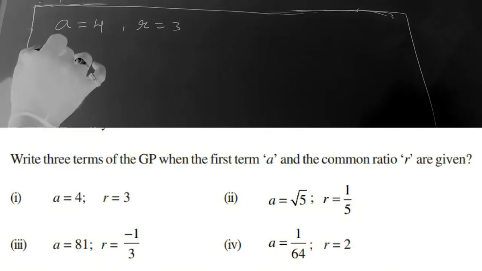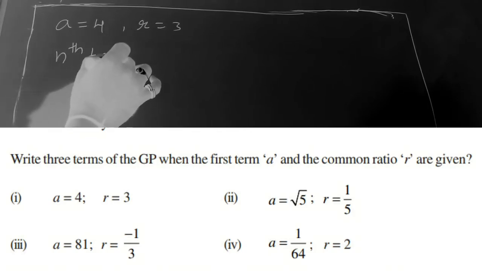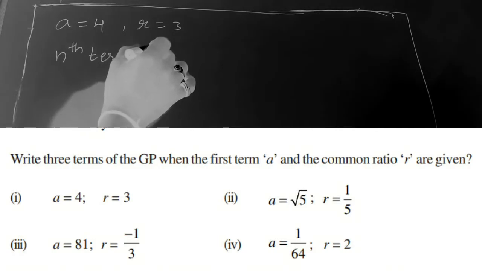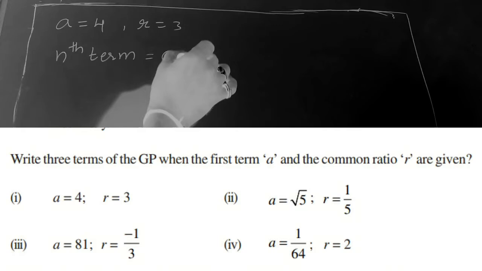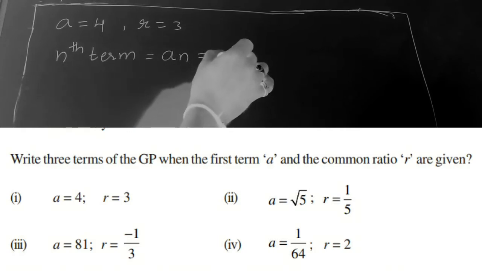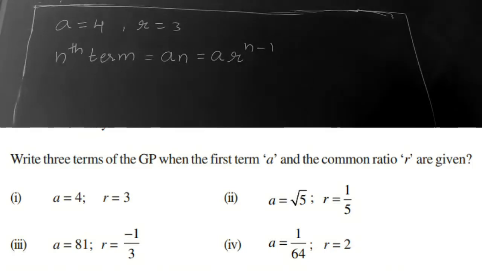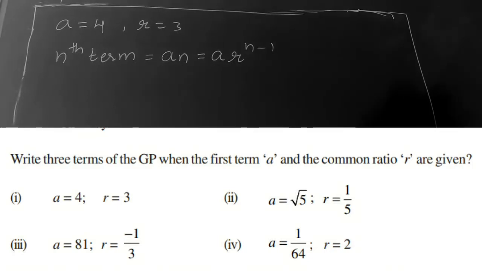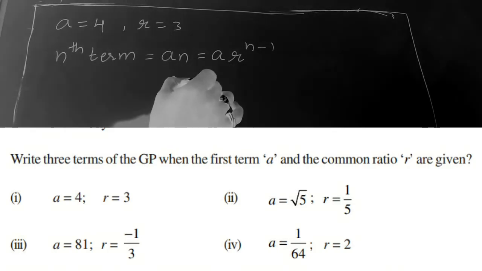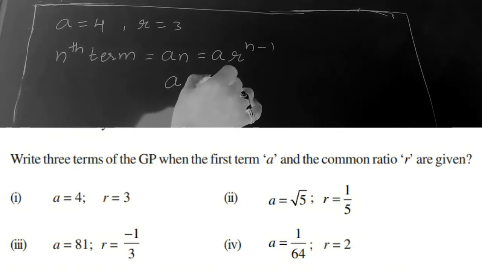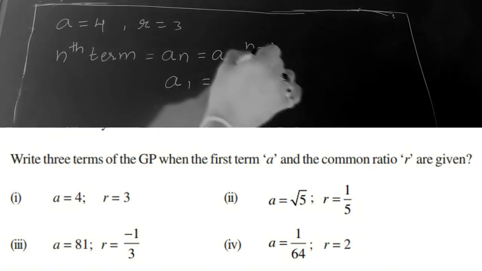First we know that the nth term, or general term, or last term of GP is a_n equals a into r to the power of n minus 1. Now we have to find the first term a1, where a is 4 and r is 3.